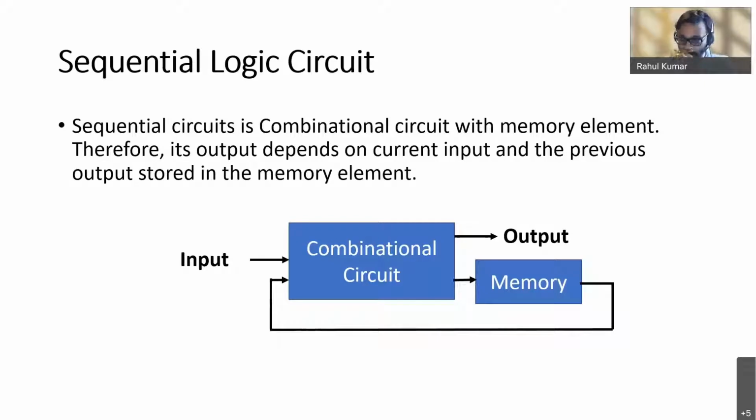Now, logic circuits are of two types, as I mentioned in the previous class. One of them we have discussed, the combinational circuit. The second type of logic circuit is the sequential logic circuit. In a sequential logic circuit, you have the combinational circuit along with a memory element.